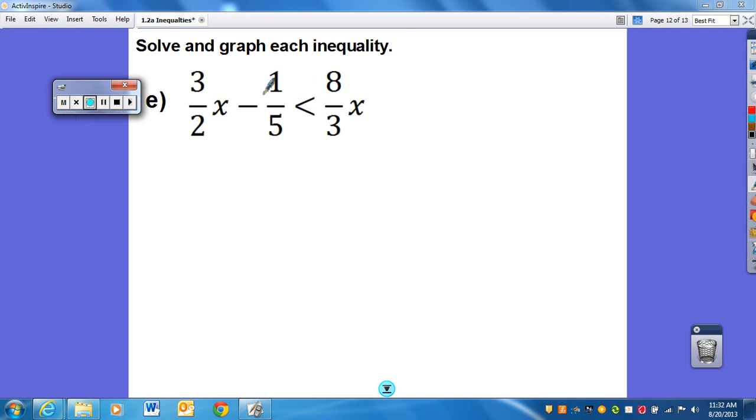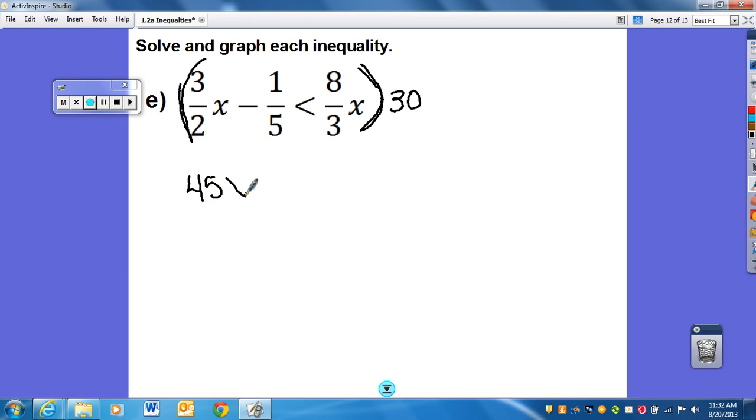Here's another problem that has fractions, and it's your choice. You can simply subtract 3 over 2x from both sides and then do your division of fractions, or if you prefer not to use fractions, we can, if you remember, multiply our entire inequality by the common denominator, which happens to be 30. So 3 over 2 times 30 over 1 gives me 90 over 2.